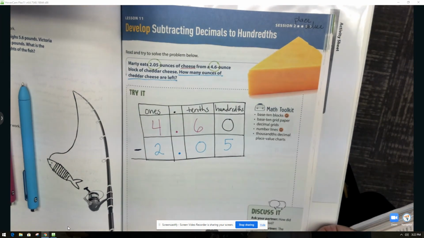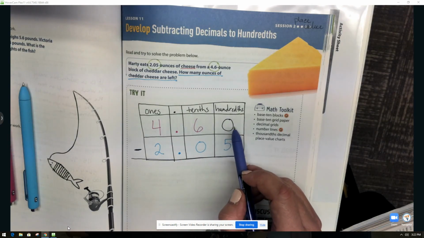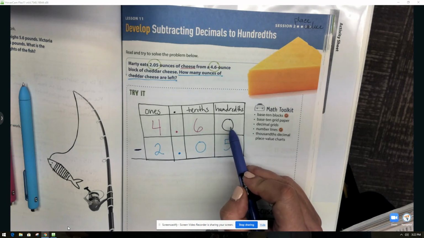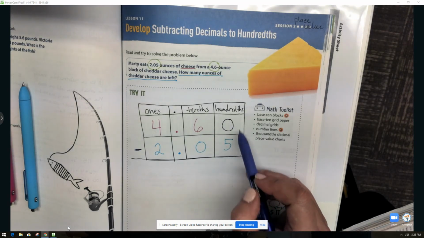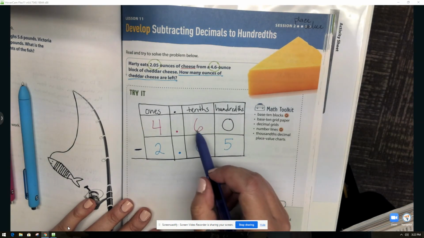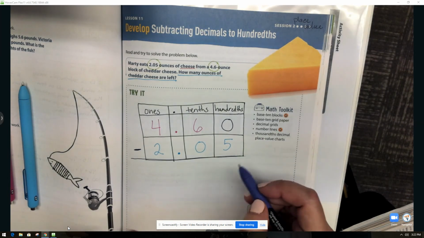The reason that placeholder 0 is really important is because if we have nothing here, we can't take five from nothing. So we need to put that 0 there to make sure we don't accidentally try and subtract this 5 from the 6, which you may have already tried to do by accident.